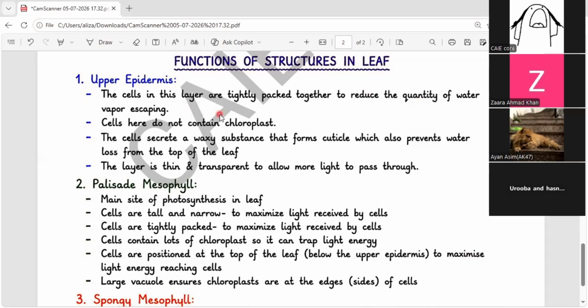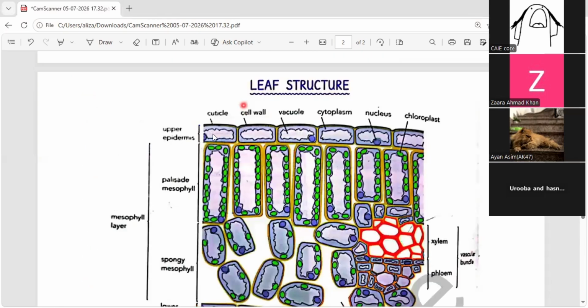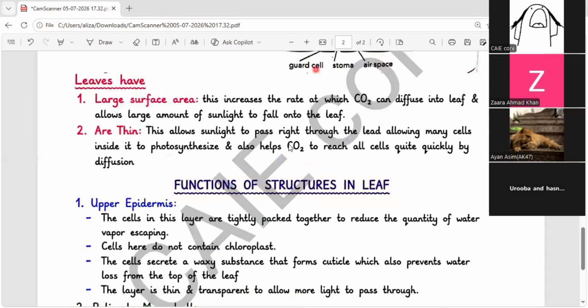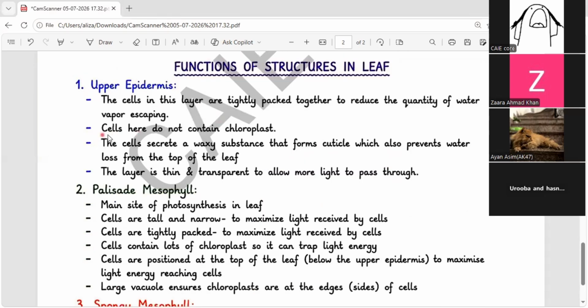So the first characteristic of the upper epidermis is that the cells in this layer are very, very tightly packed. As you can see in the diagram, there's barely any space between them, so that water cannot escape from the leaf surface. The second characteristic is that the cells in the upper epidermis do not contain chloroplast.